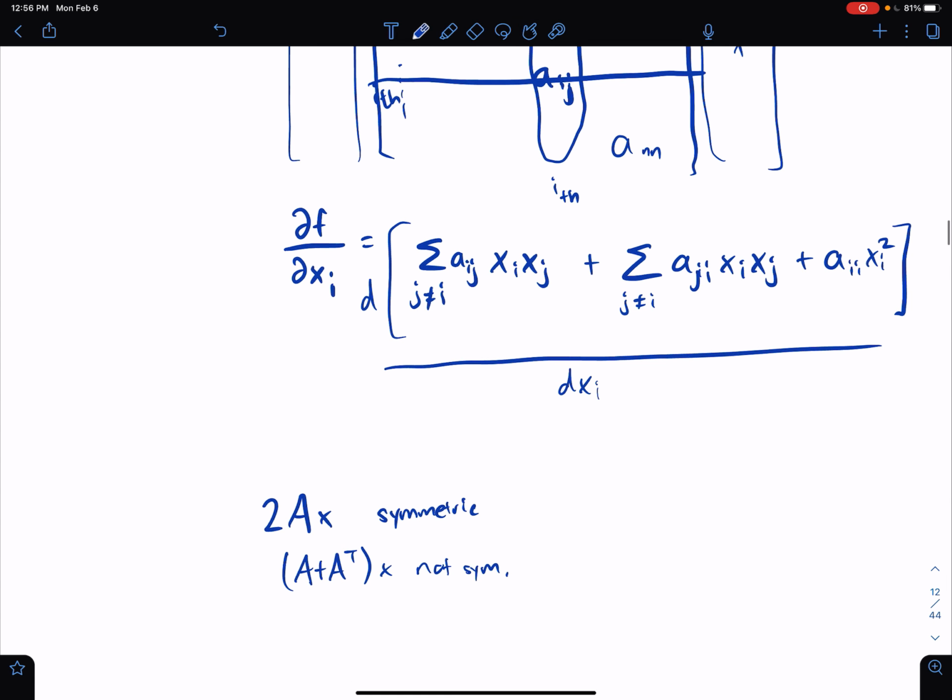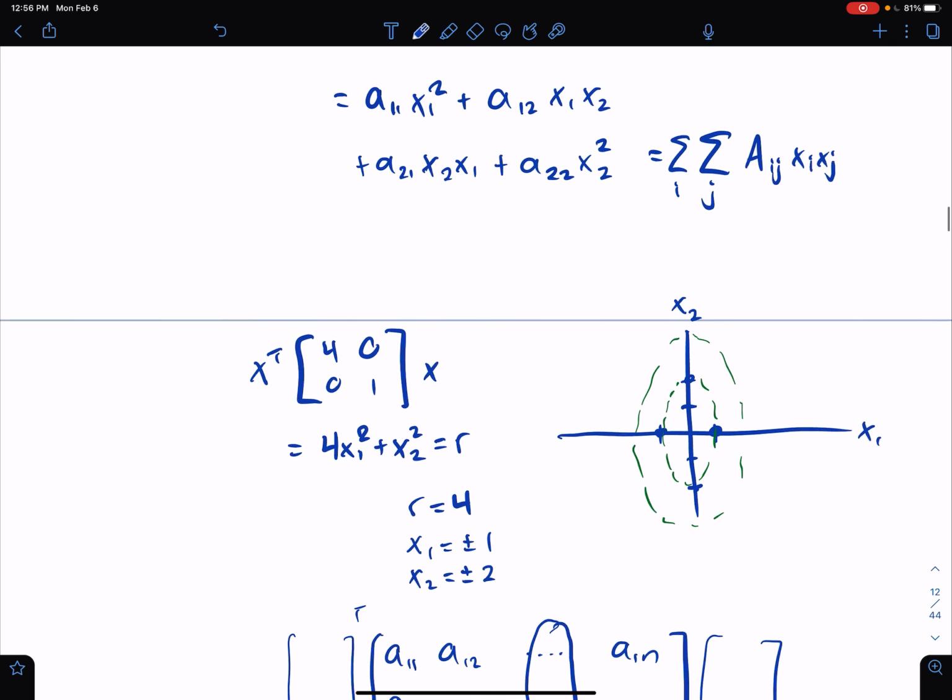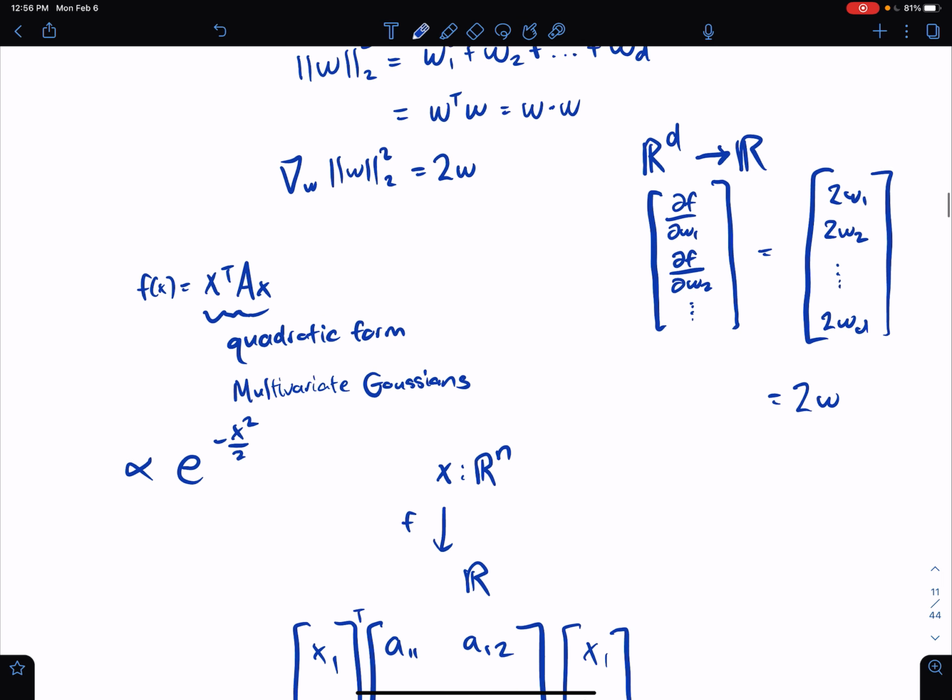So one immediate way to use this property is if we go back to this expression here, the W 2-norm squared, we can write this as W transpose W, right? Can you interpret W transpose W as a quadratic form as well? Just like A, yeah, it's setting A equal to identity, exactly.